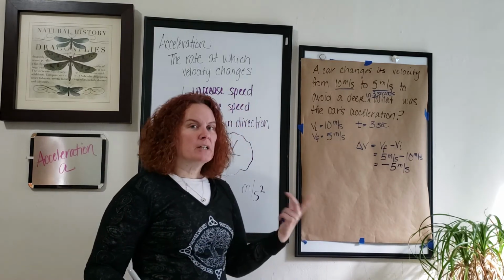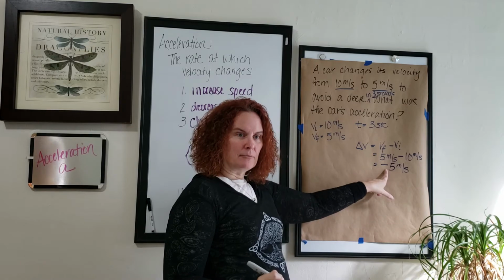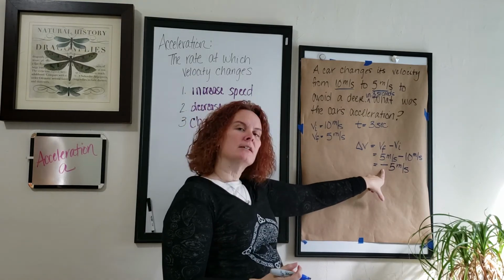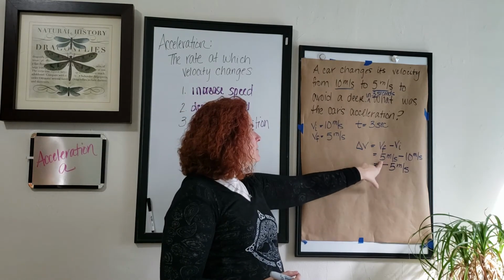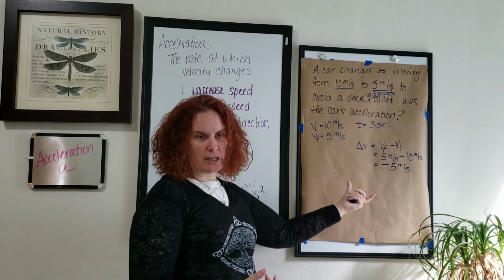Again, when we're talking about a vector quantity, we have to remember that this means that we are slowing down. So this is important because this gives us our direction. This is giving us our directionality.